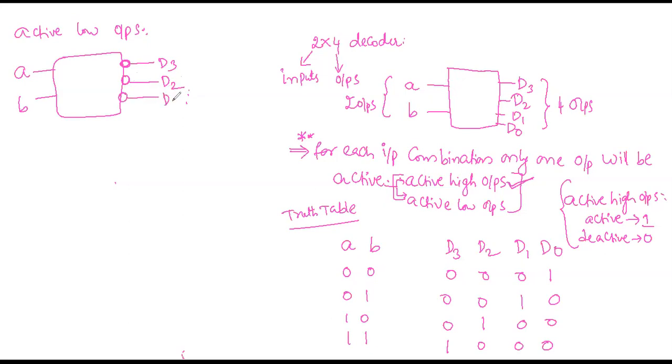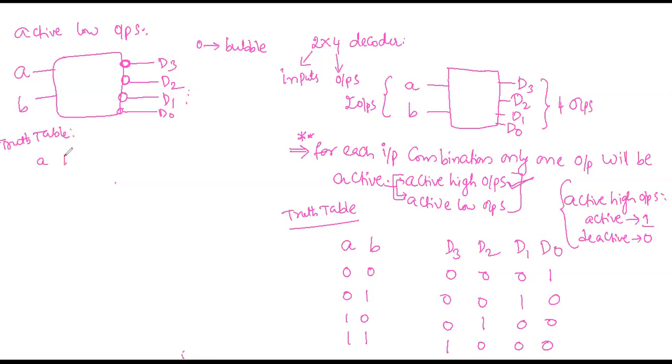The bubble is used to identify whether the output is active low or active high. If the bubble is there, that is an active low pin. And look at the truth table.